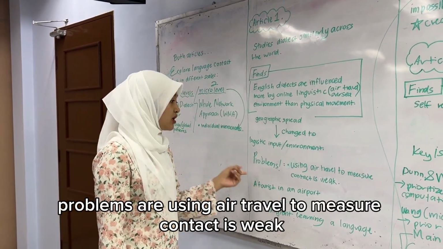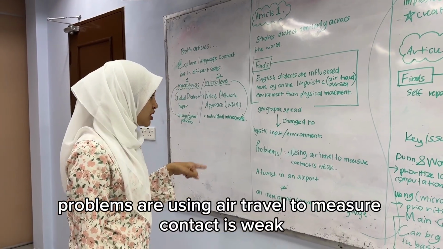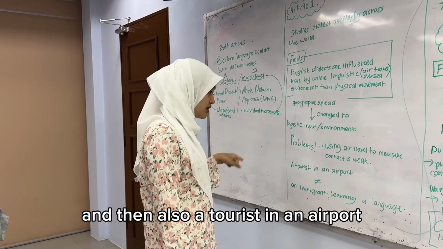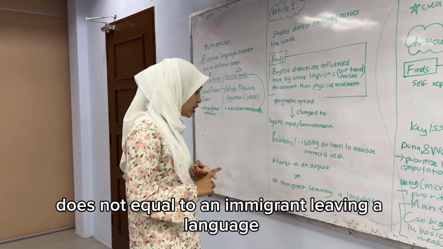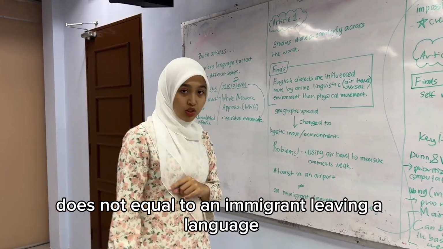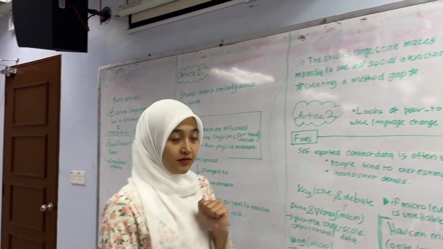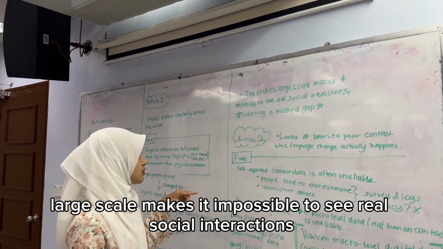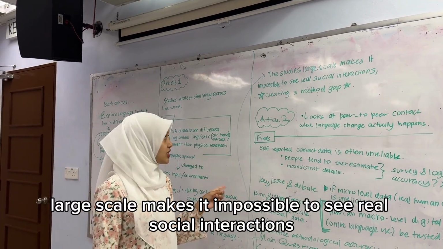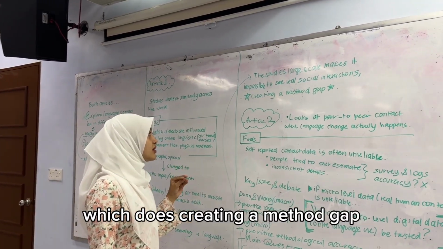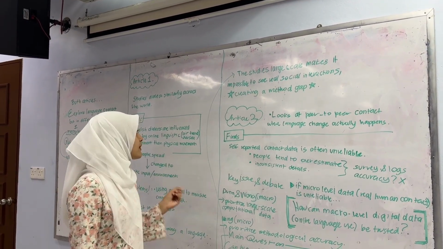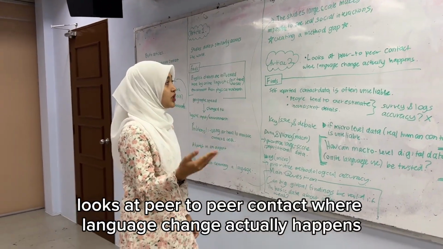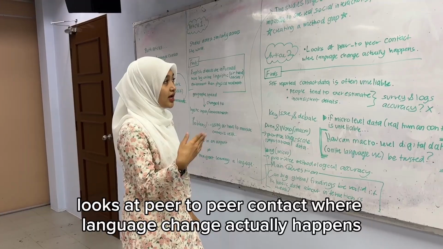The problems are that using air travel to measure contact is weak, and a tourist in an airport does not equal an immigrant leaving a language. Furthermore, the large scale of the study makes it impossible to see real social interactions, thus creating a method gap.